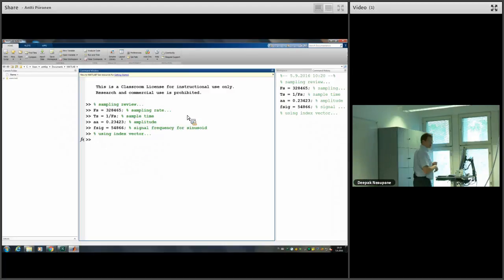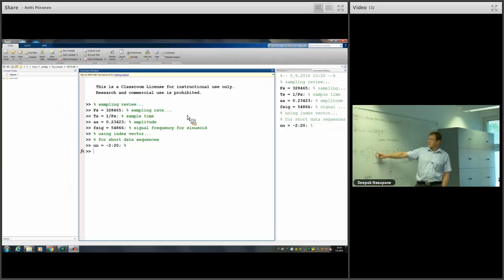But if you need long samples, then this is just an extra step. For short data sequences, we could define the index vector, for example, from -2 to 20. Then we can just plug those values into this formula.